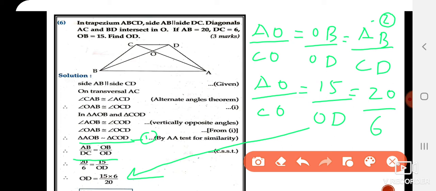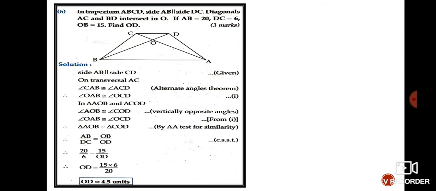So in any sum, not only in this sum, in any sum, when you are proving that the triangles are similar, it is better you write all the three proportional sides, then fill in the values given, and then from there you select which two corresponding sides you want, and then cross multiply and get the answer. So we have value of OD is equal to 4.5 units.